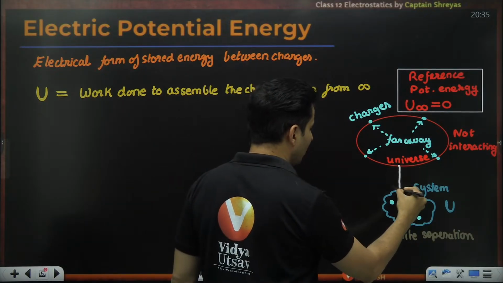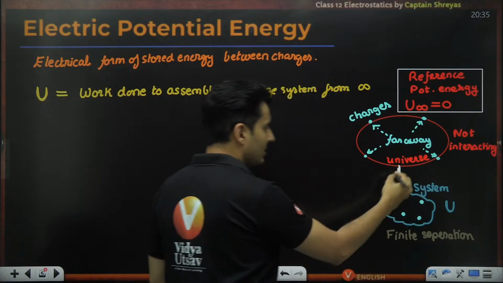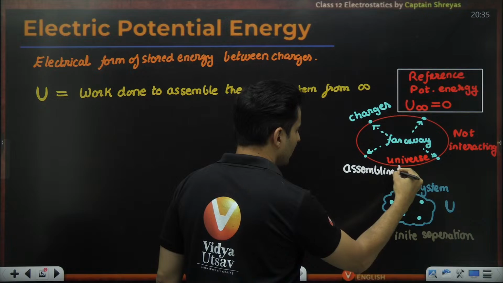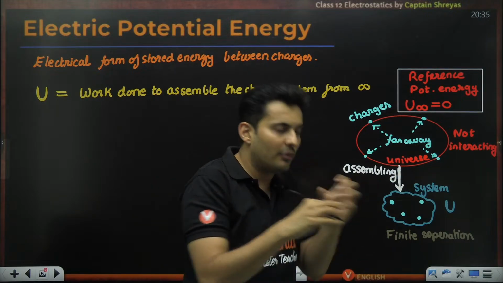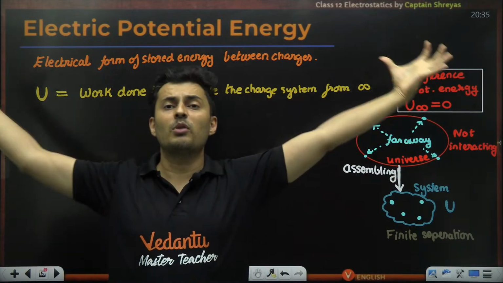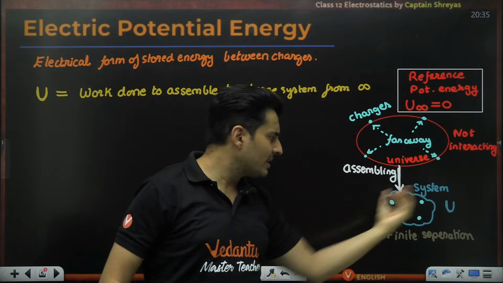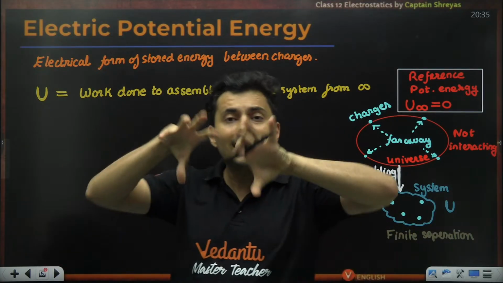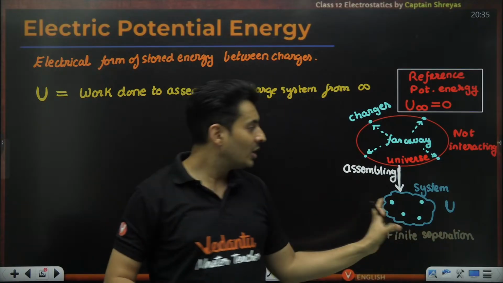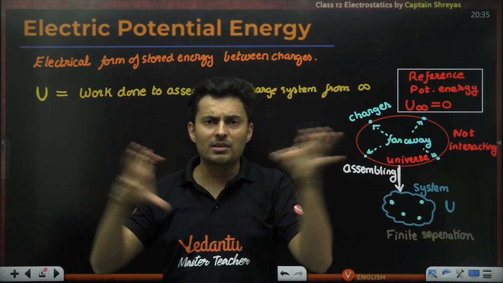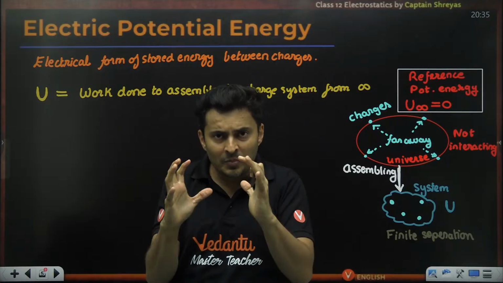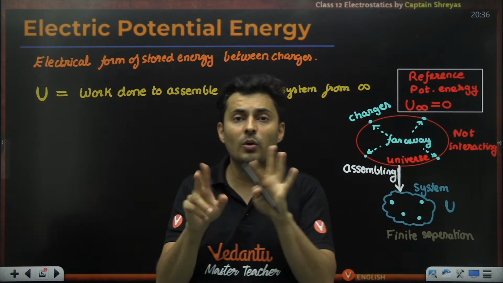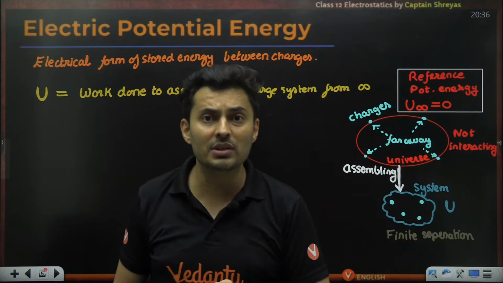In this process of assembling the charges, when I am performing some work to bring them from infinite separation to some finite separation, whatever work I do completely gets stored in these charges, because now these charges might have some repulsive or attractive forces. As soon as I leave that system, zoop, these charges will start moving because of the electro forces, Coulombian forces between them.